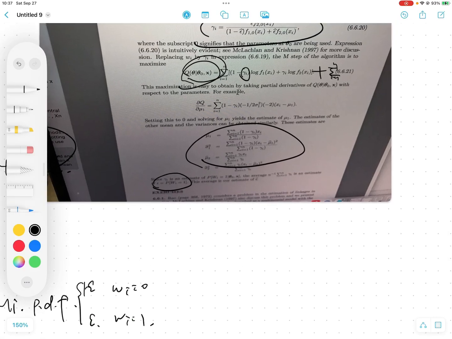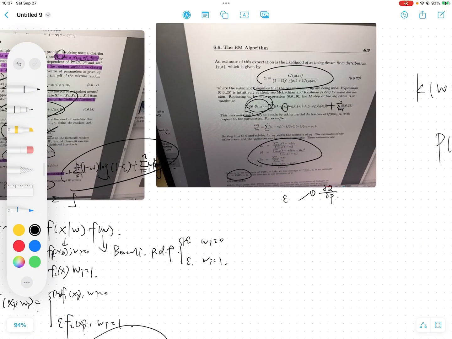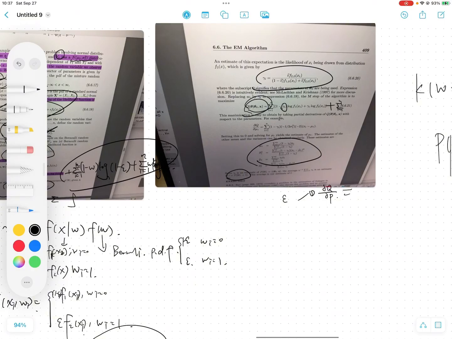Also, what I want to mention here is the estimation of epsilon. One way is to take the partial derivative with respect to p, which is just the epsilon.